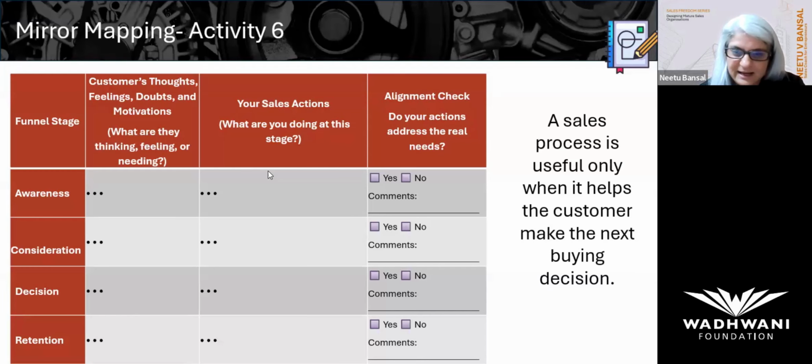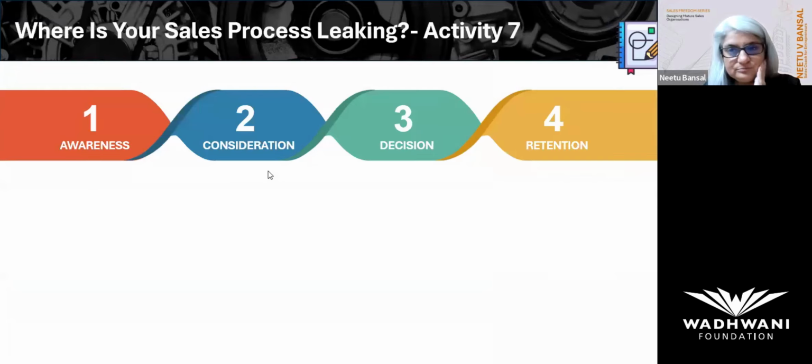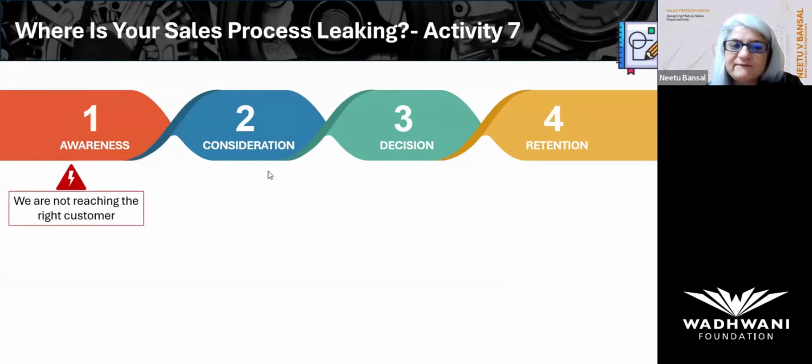Okay, great. So now let's go to one more activity, to see currently where is the leak happening in your system. Okay, taking the same 4 stages. If you have more stages, you can add more stages. Is this happening at an awareness stage?